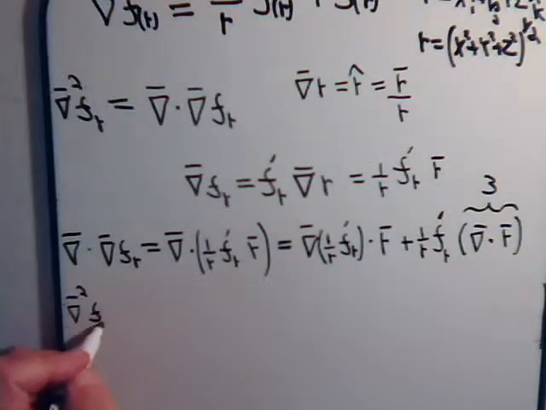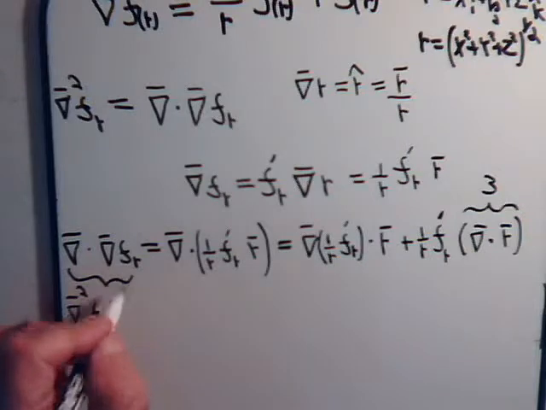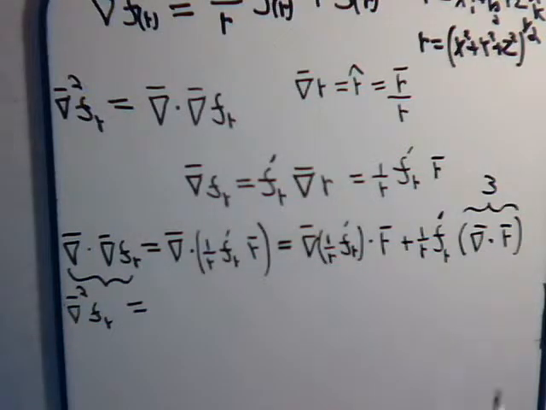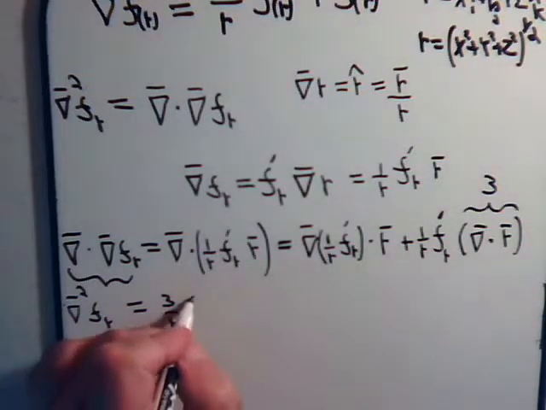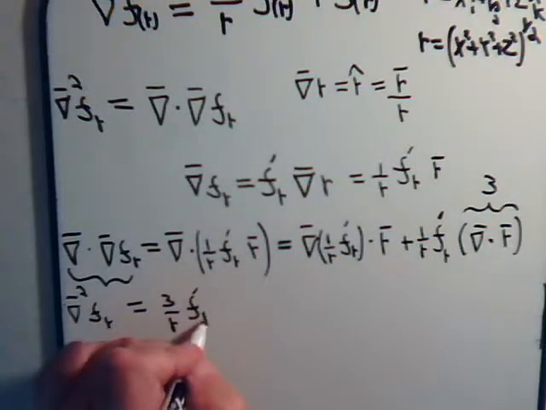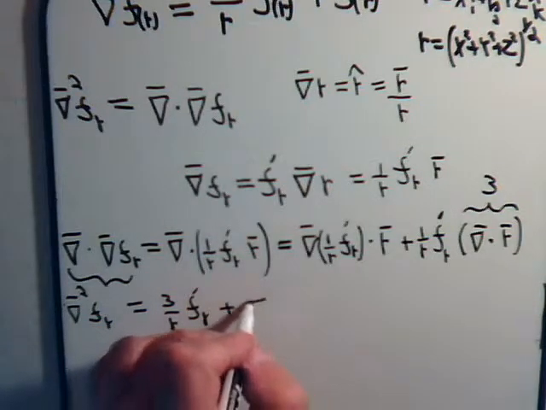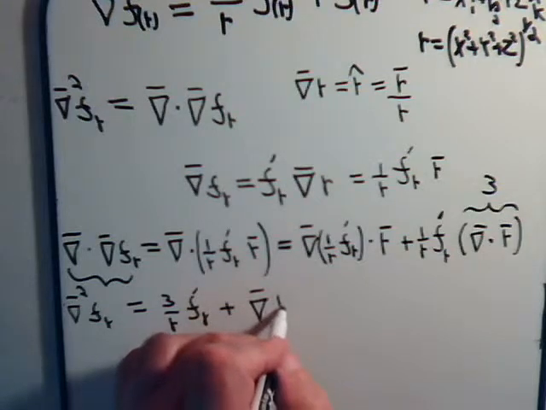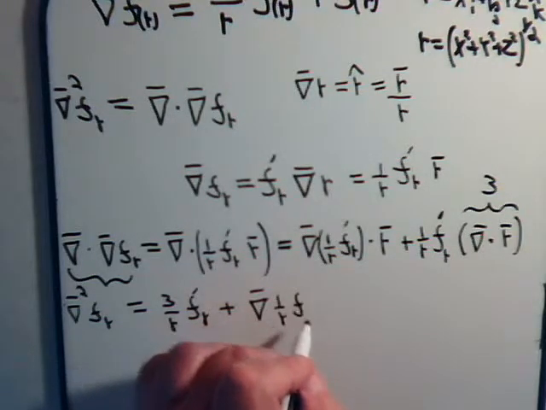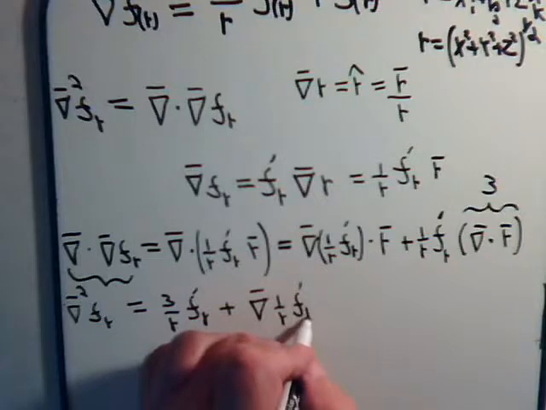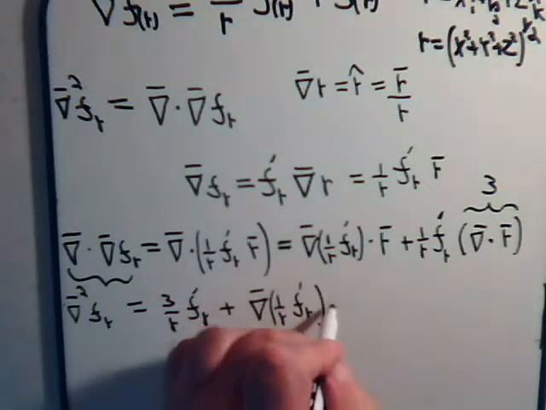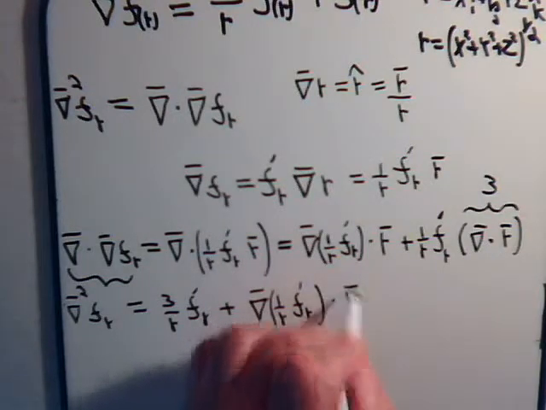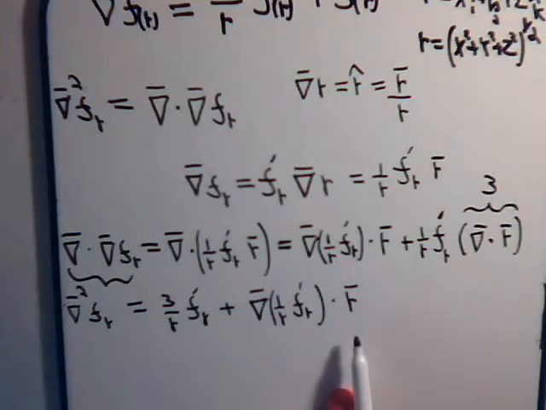So we have then that del squared f of r, that's this, that is equal to 3 divided by r times the first derivative of f, plus the gradient of this scalar, 1 over r times the first derivative. You take the dot product of that with the position vector r.